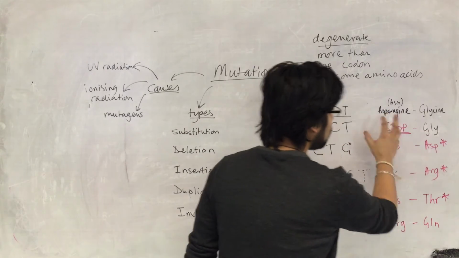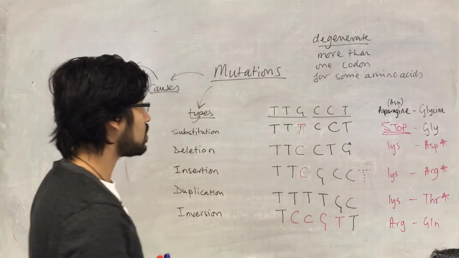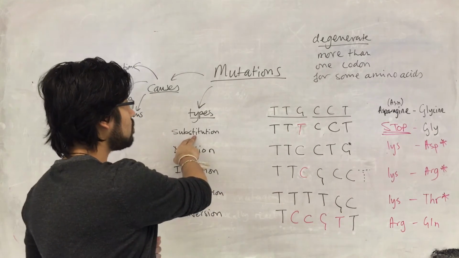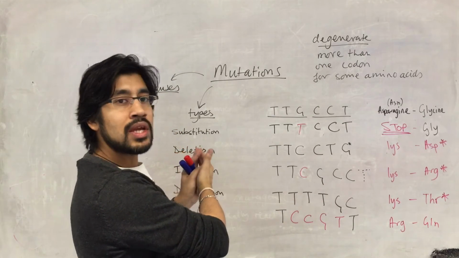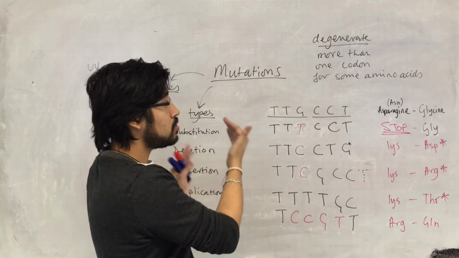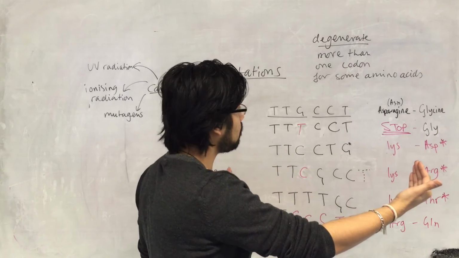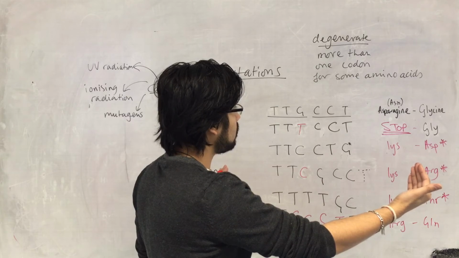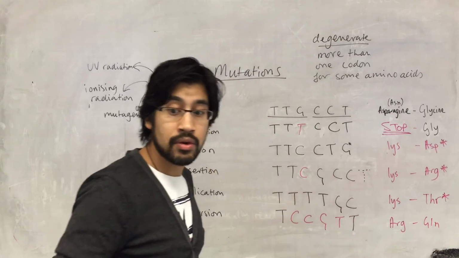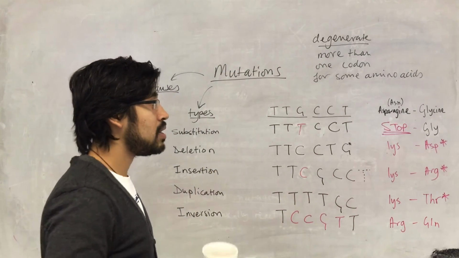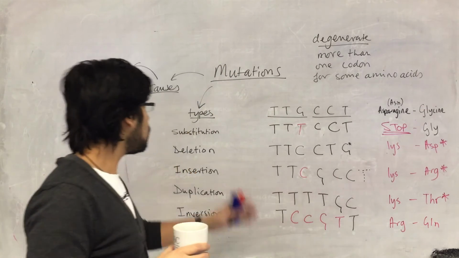Okay, so introducing a stop codon can have dramatic effects. So you can see even a single base substitution can have a whole range of effects, from not changing the amino acid sequence at all to leading to the early termination of a polypeptide chain. In which case there will be a large chunk of the protein that isn't there, and that's probably going to have a very big impact on its shape and function. Okay, so that's substitution.